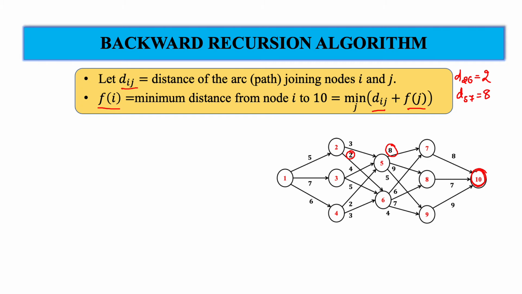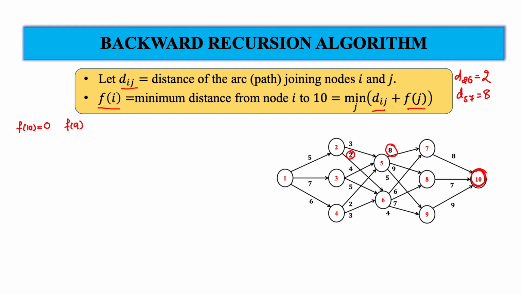So let's see how you can find out first F10. F10 is the minimum distance from 10 to itself, and that will be 0. We know that distance from any node to itself is 0. Now we will see how you will find out minimum distance for node 9. From node 9 to node 10, there is only one path.